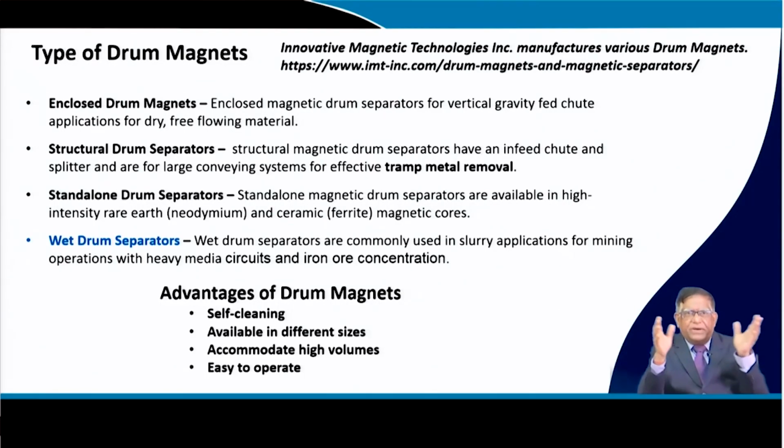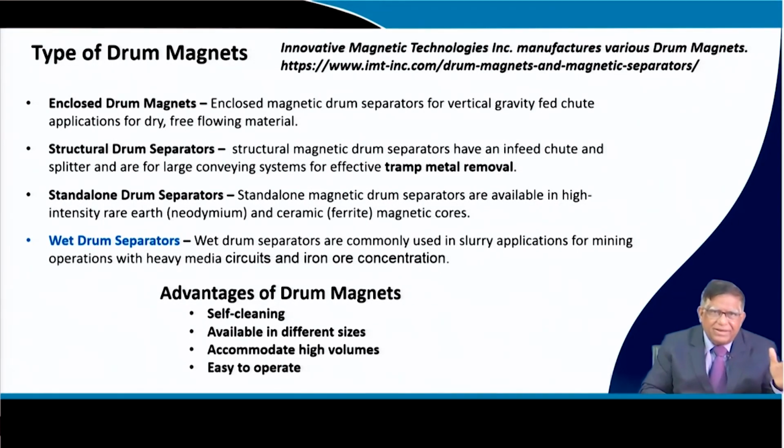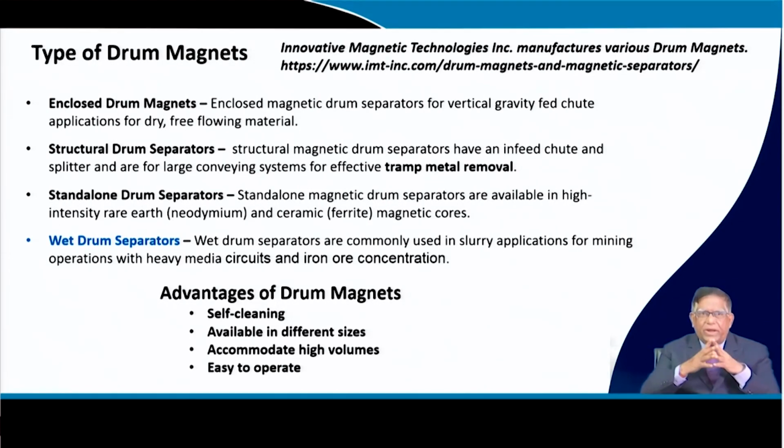So, there are differences, but those types of units can be a structural unit or a standalone unit. But the most interesting for mineral engineering and the mining industry are the drum separators. There are different methods also, that is the high intensity magnetic separator, WHIMS.